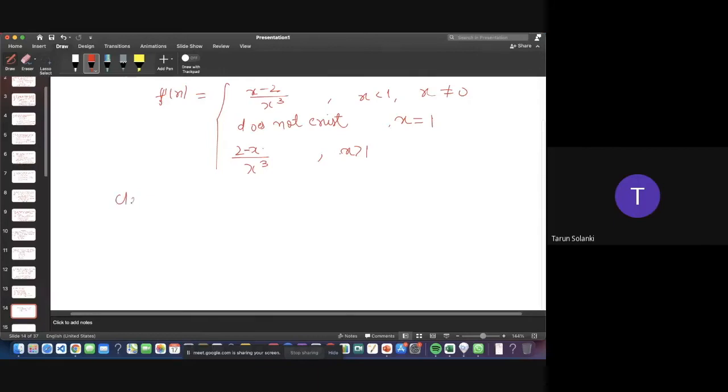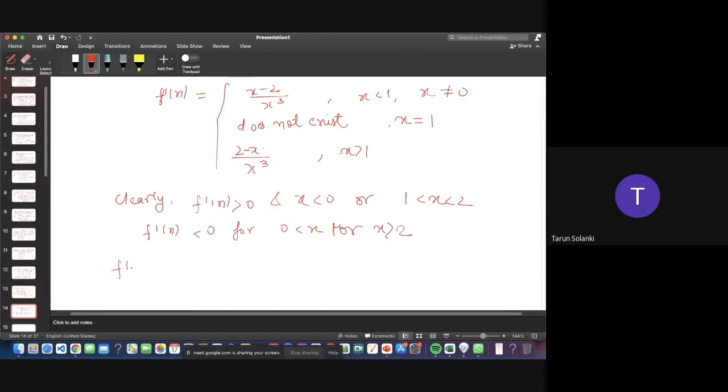So clearly we can say f dash x is greater than 0 for x less than 0 or 1 less than x less than 2, right? So f dash x is less than 0 for x from 0 to 1, or we can say x is greater than 2.